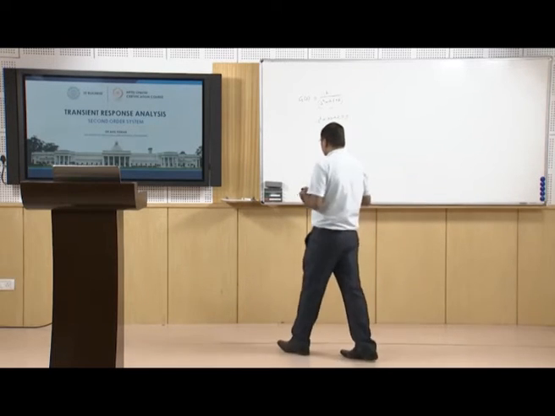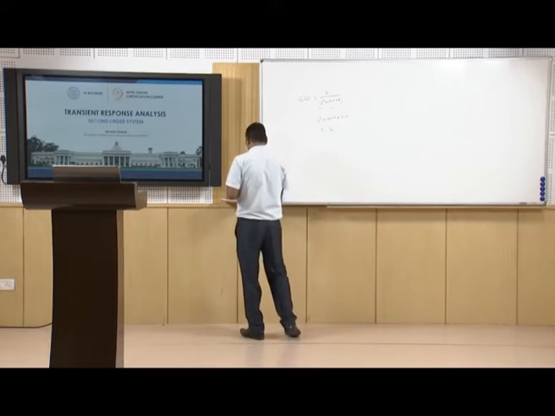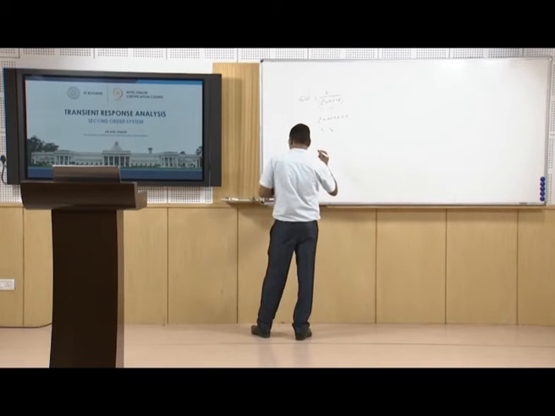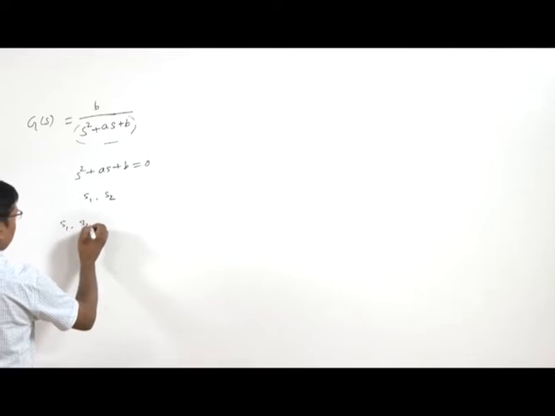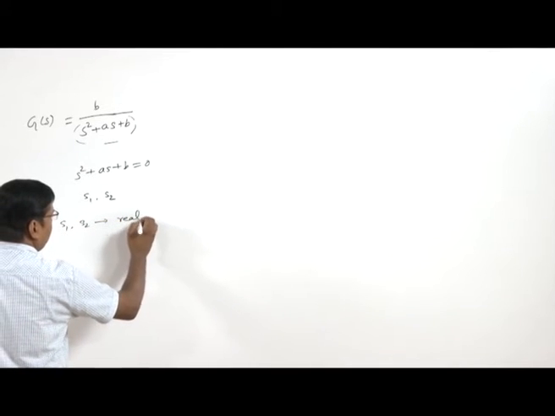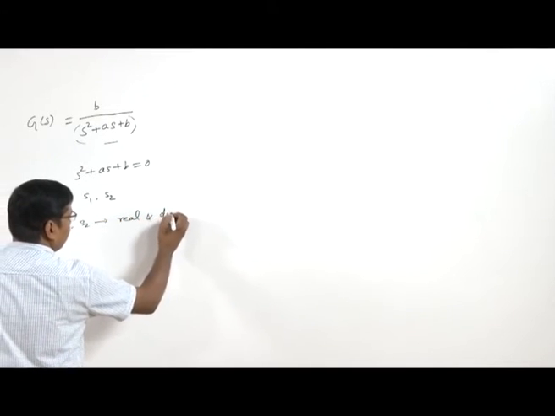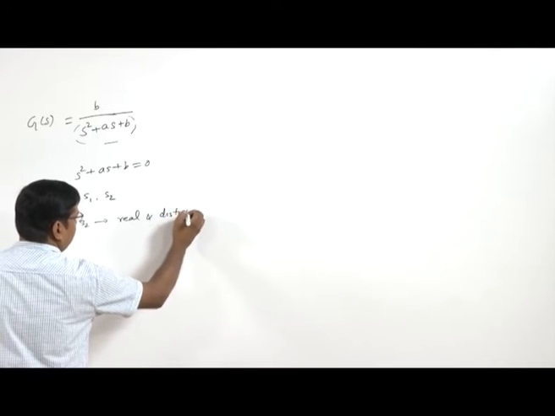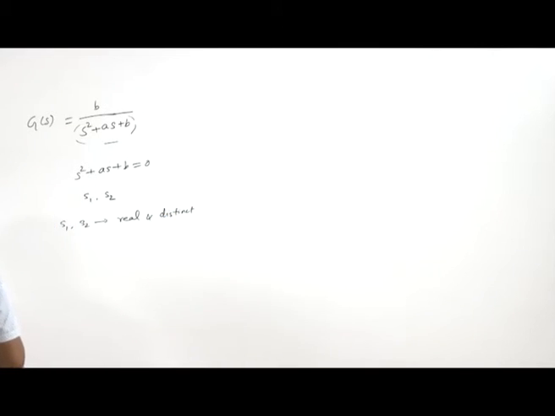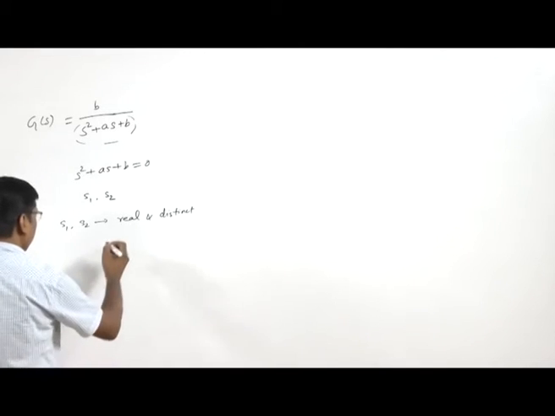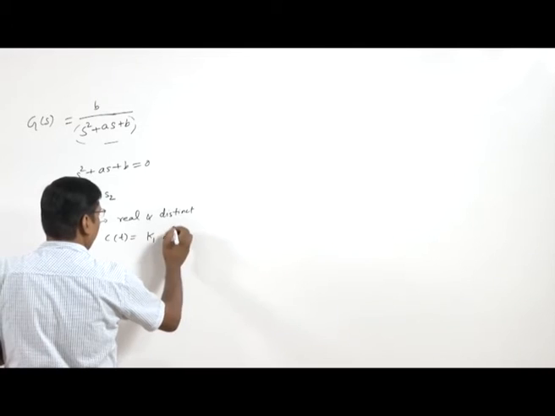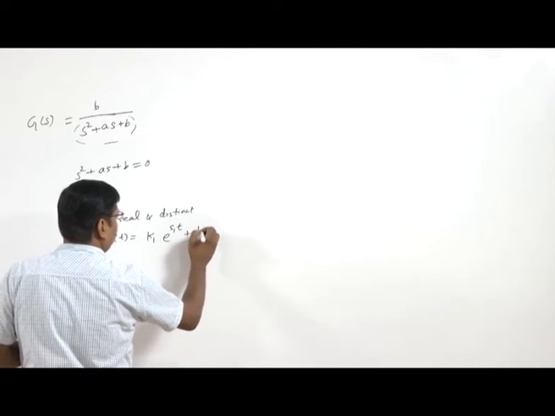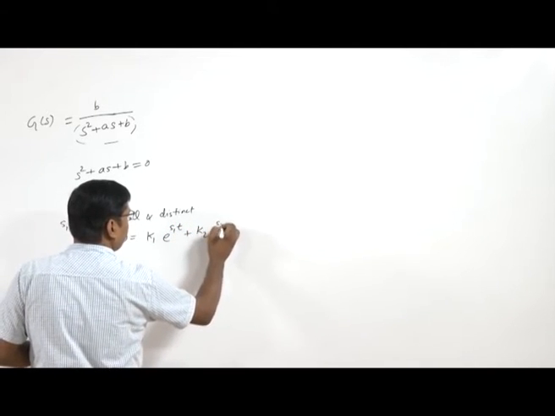Now the response of the system will depend on the values and nature of these poles. So if these two poles, s1, s2, are real and distinct, we will have the response c(t) equal to k1 e power s1 t plus k2 e power s2 t.